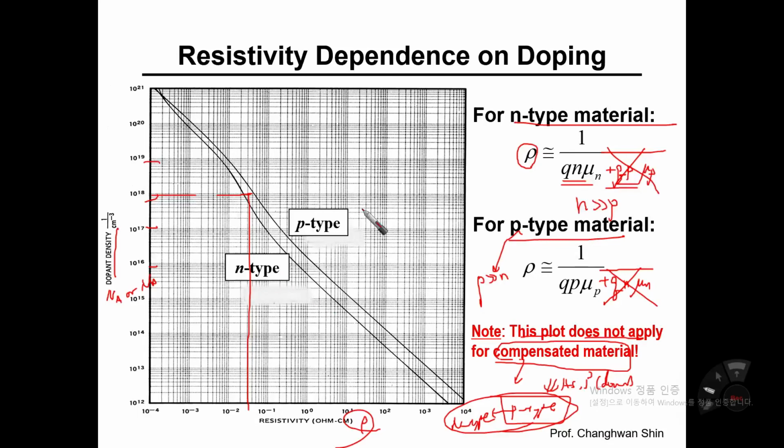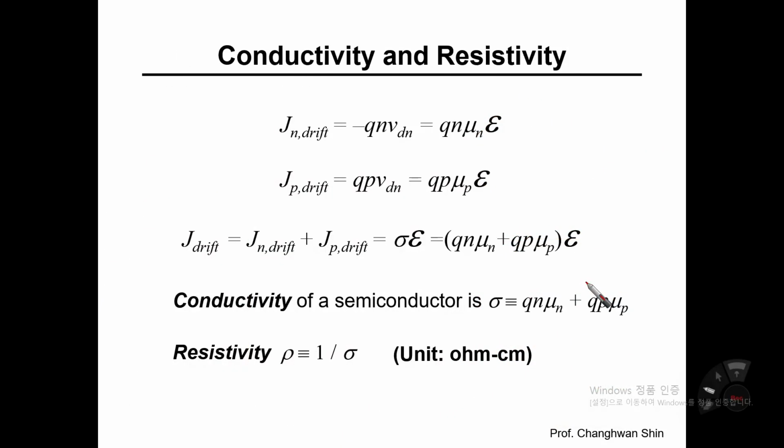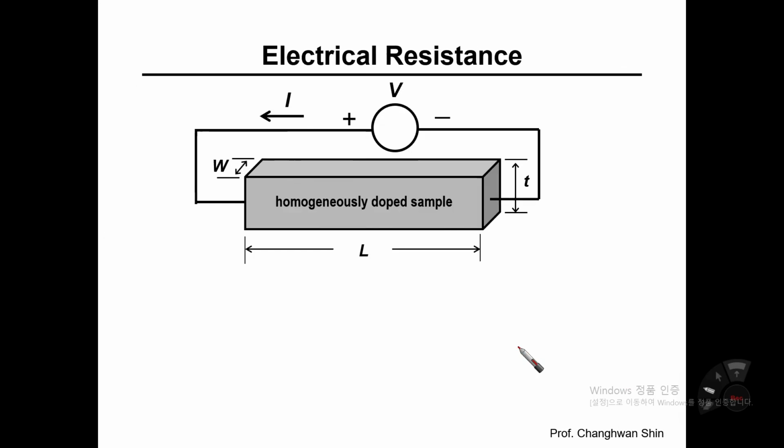This plot is only valid when estimating the resistivity for N-type or P-type material which is not fully compensated. So, simply speaking, you can calculate these two equations, or just calculate this guy. Then you're gonna be okay. All right.